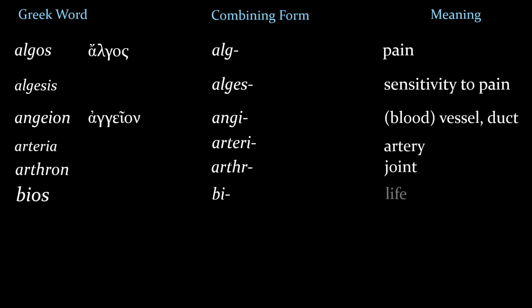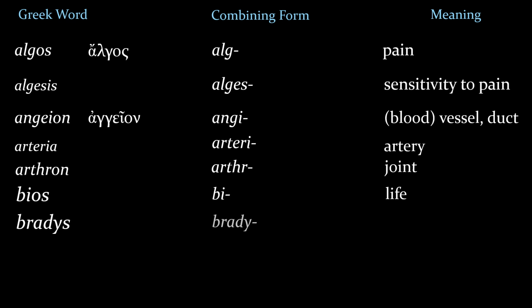And the combining form is bi, and it's life, like biology and symbiosis, an antibiotic and many other ones. We'll build the words later. Note the combining form bi is not to be confused with the Latin bi, which means two, like bicycle.